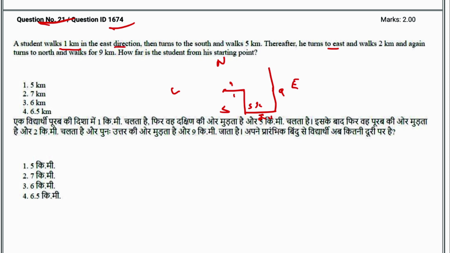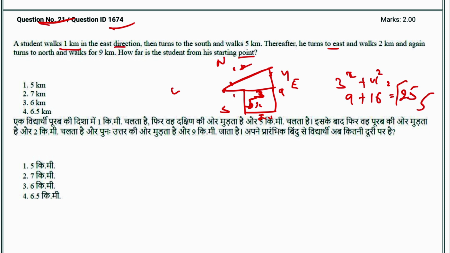How far is the student from the starting point? So from here to here, the distance is required. This is 4 and this is 3. So 3 square plus 4 square is equal to 25. Now take the root, so 5. 5 kilometers. 1 is the answer.